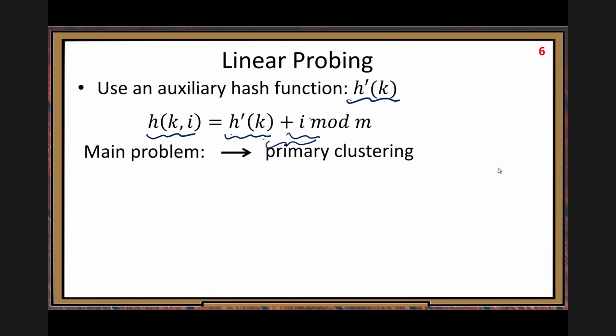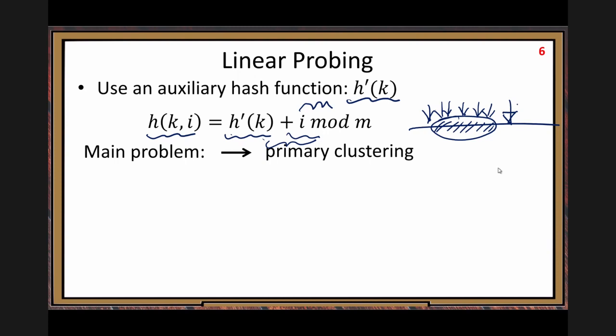But it takes a few tries to pass the cluster, right? Think about it. You have some relatively big cluster here. When you map the first key here, in order to pass, you need to try many times before you find some available location.